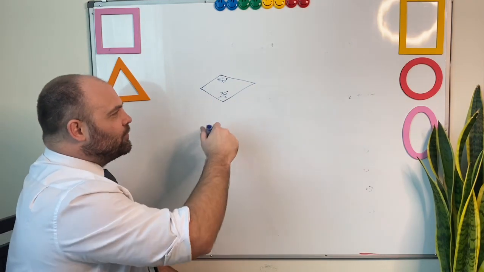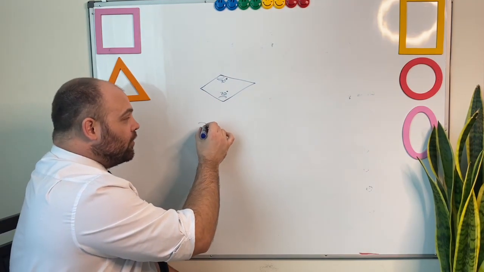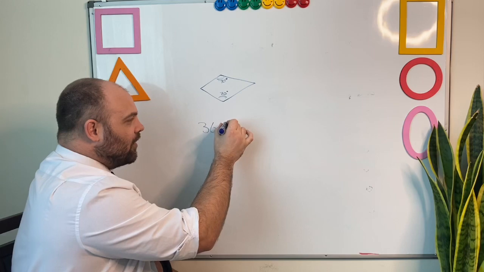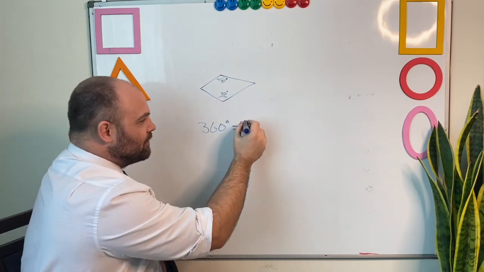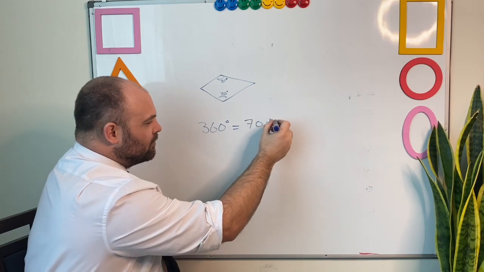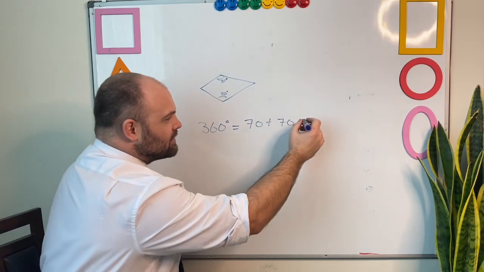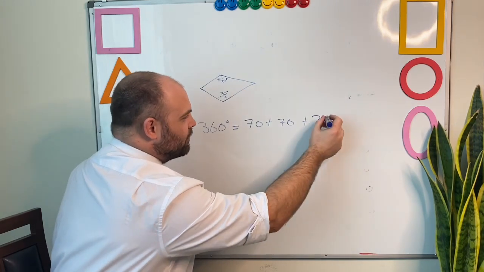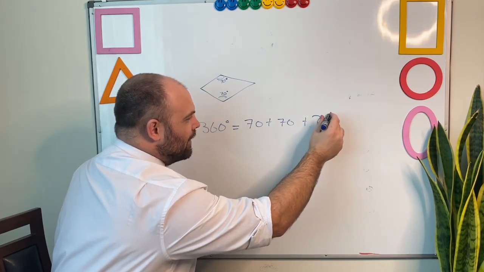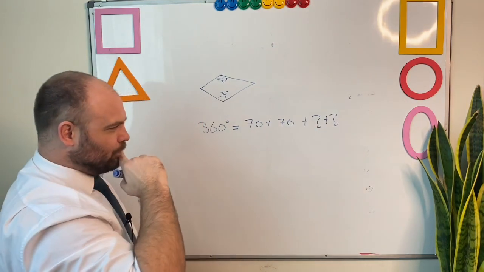The way that we would do this is we'd say that I know that 360 degrees are in a quadrilateral, and that's going to be equal to 70 plus 70 plus my missing angle plus another one of my missing angles. So two of my missing angles.